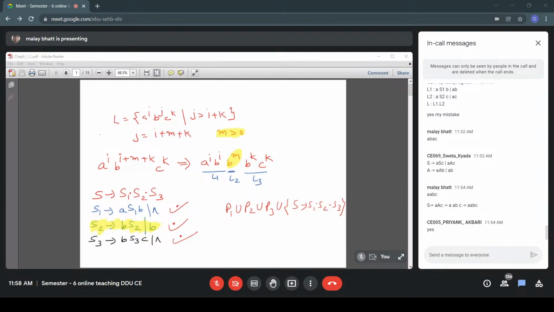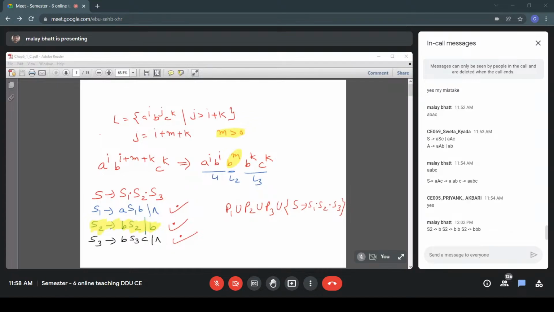If we write S2, we get B S2, then again we replace with B S2, so we get B, then B S2, and at last we terminate this recursion with B. S2 gives B S2 or B, because M must be greater than 0 to satisfy the criteria.